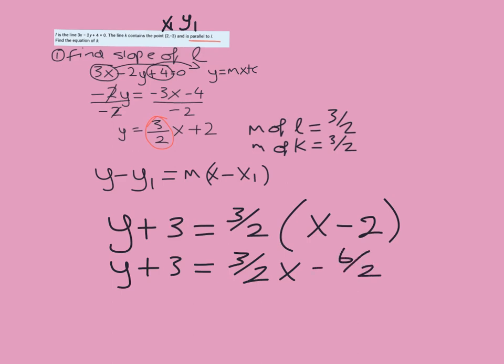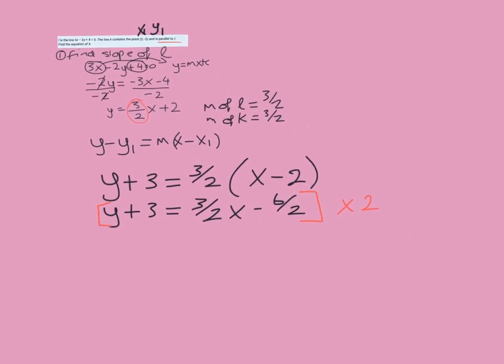Again, remember when we have a fraction, we just multiply the whole thing by the bottom of the fraction, which in this case is 2. And then what we have is 2y plus 6 equals 3x, because 3 over 2 by 2 will just give me 3x, minus 6 over 2 multiplied by 2 just gives me minus 6.